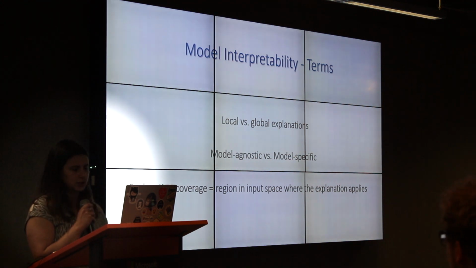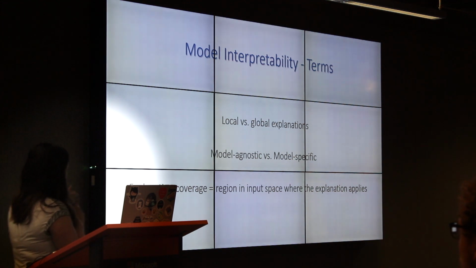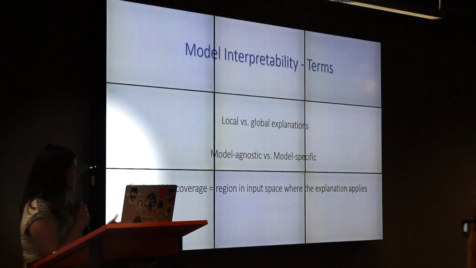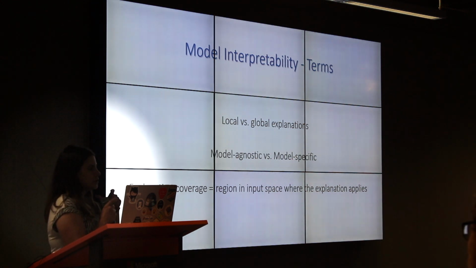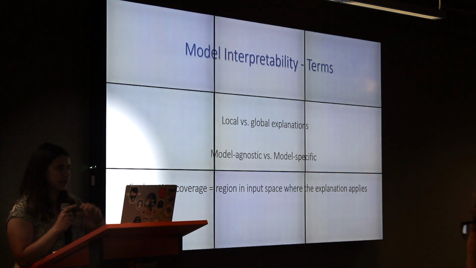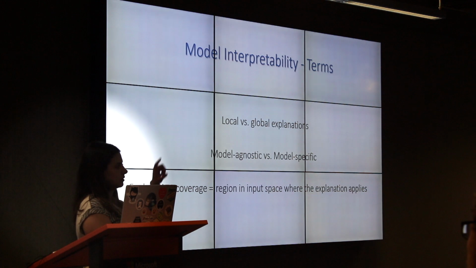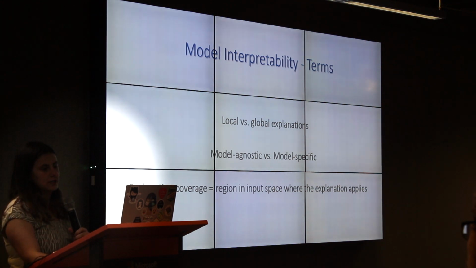It's mostly neural networks in this category. And also it's about explanation coverage. When we talk about local explanations, the coverage is the region in the input space that the explanation applies to. So you have your input space, and that explanation covers a particular region, and we're going to get more details about that as we progress.